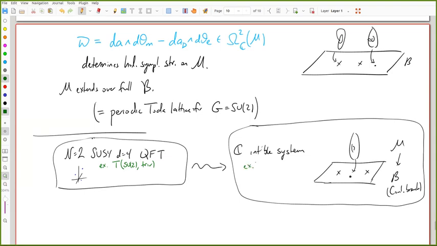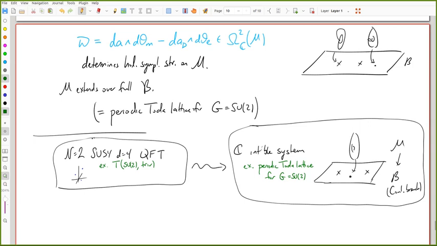And then over here, the corresponding complex integrable system is supposed to be the periodic Toda lattice for the group G equals SU2. And more generally, I could just put G on the left, and then I would also put just G on the right. Now, but this story is much more general.